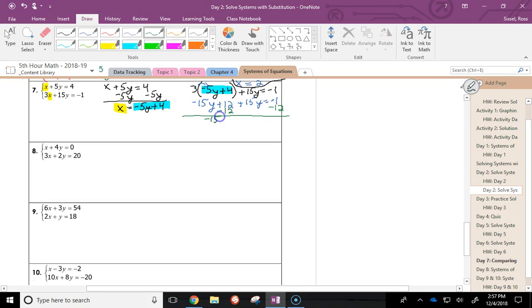So I have negative 15y plus 15y equals negative 13. Now when I do this one, negative 15 plus 15 is going to give me 0, and I should have negative 13.